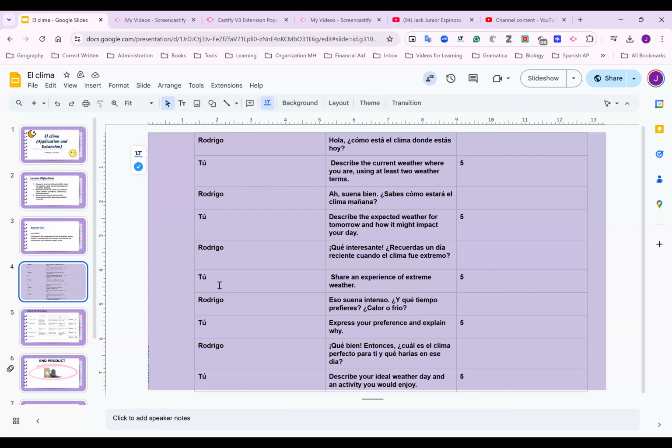Make sure to double check your recording to ensure all your answers are clear and complete. Be specific and use full sentences in responses. You will be graded on how well you use vocabulary, pronunciation, and overall the flow of your conversation. So let's go to the rubric.